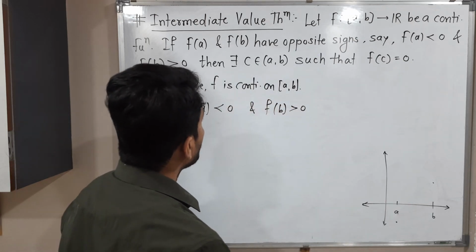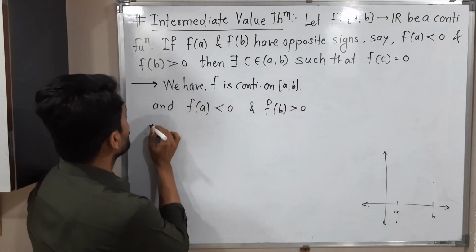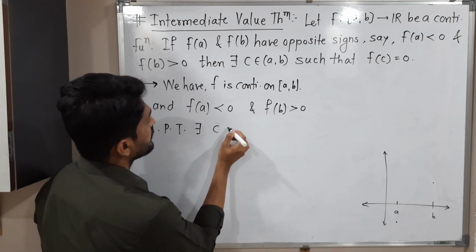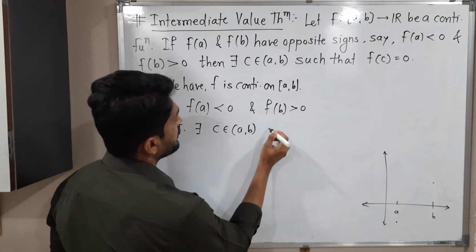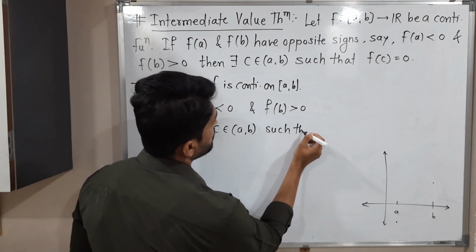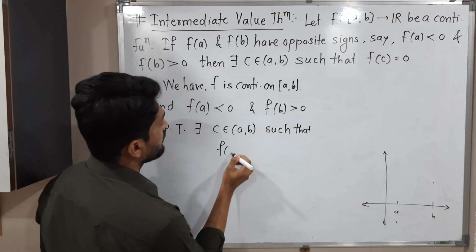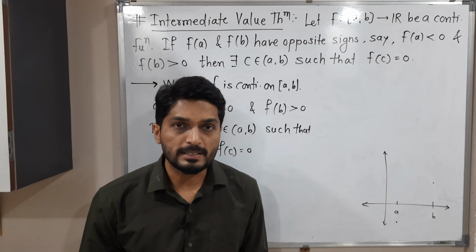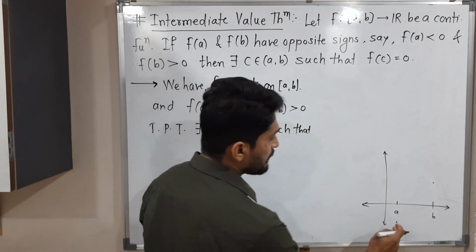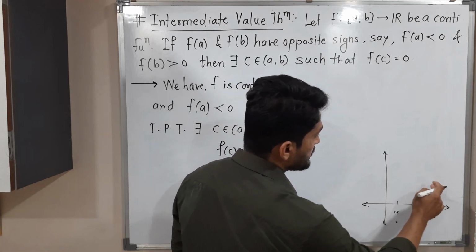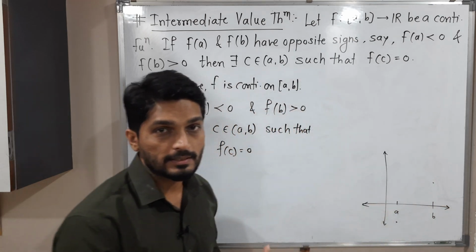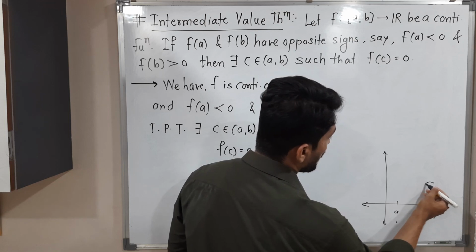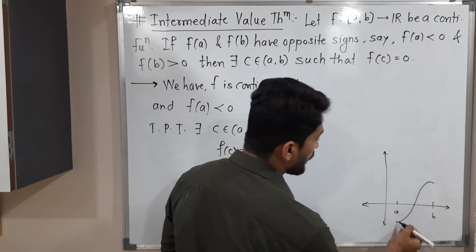Then we have to prove that there exists some point c in the open interval AB such that f of c is equal to 0. This thing we have to prove. Actually it's very common sense, no? If one point we have below the x-axis, the second point we have above the x-axis, and the function is continuous, that means we should draw a continuous curve which joins these two points.